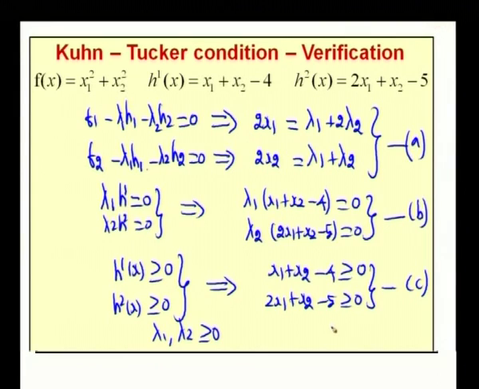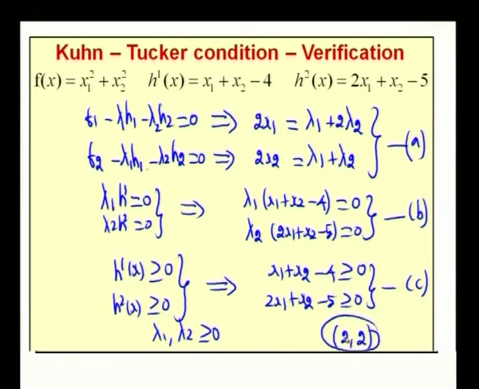Of course, lambda 1 and lambda 2, the Lagrangian multipliers, are non-negative. Now, our solution for the given nonlinear programming problem is x1 equal to 2, x2 equal to 2. With this value of x1 and x2, equation A gives us 4 equal to lambda 1 plus 2 lambda 2 and 4 equal to lambda 1 plus lambda 2.